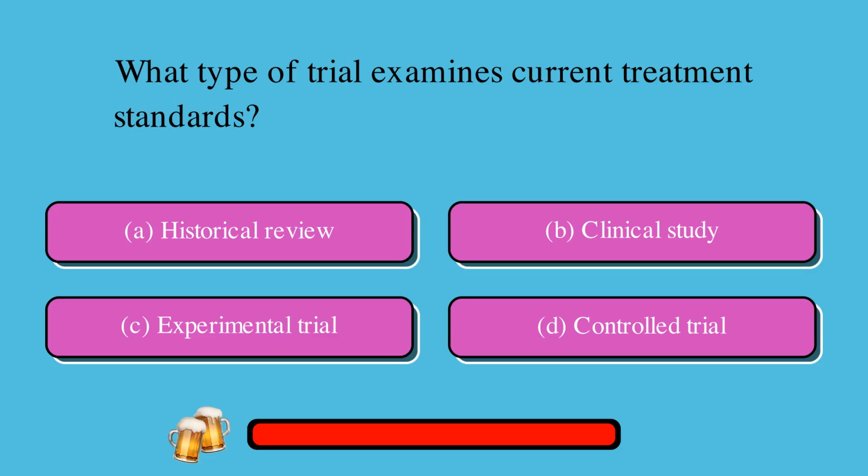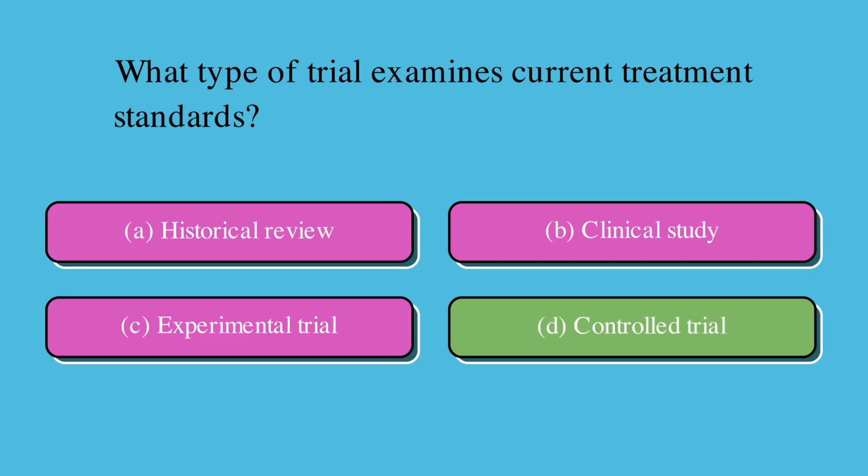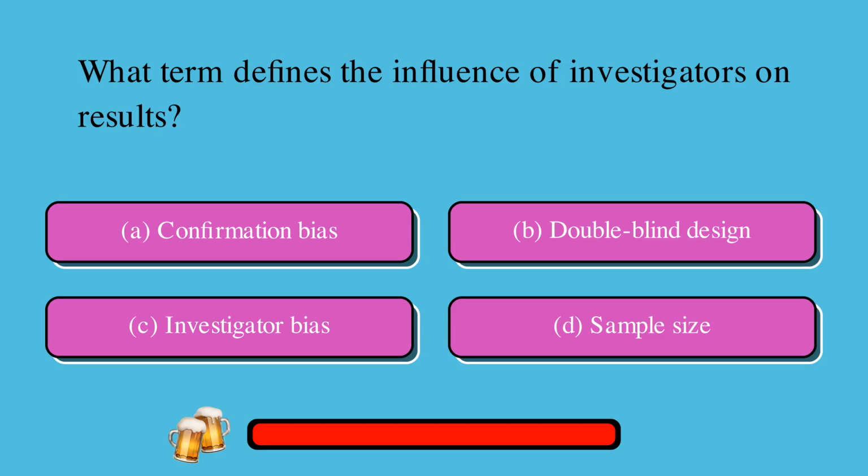What type of trial examines current treatment standards? A. Historical review, or B. Clinical study, or C. Experimental trial, or D. Controlled trial? The correct answer is D, controlled trial. What term defines the influence of investigators on results? A. Confirmation bias, or B. Double-blind design, or C. Investigator bias, or D. Sample size?